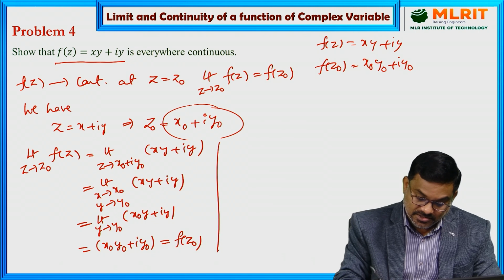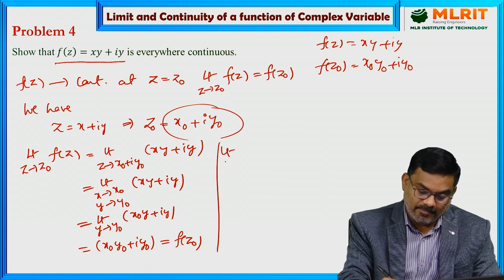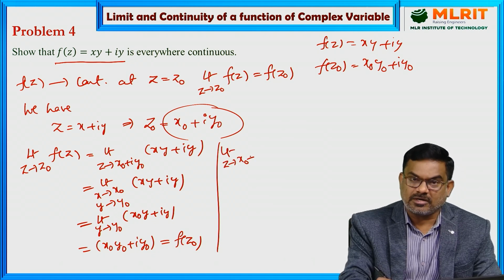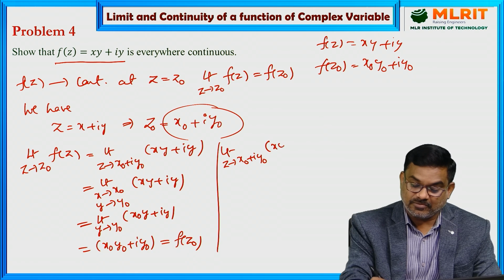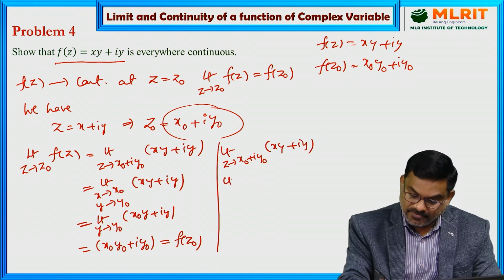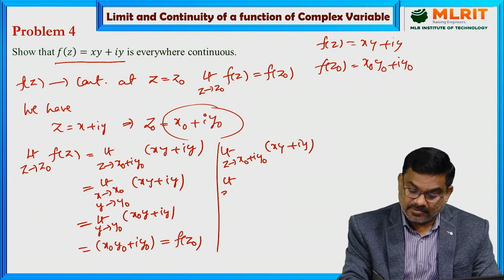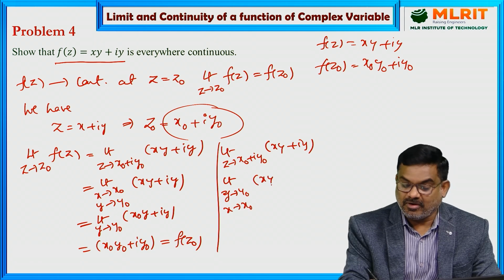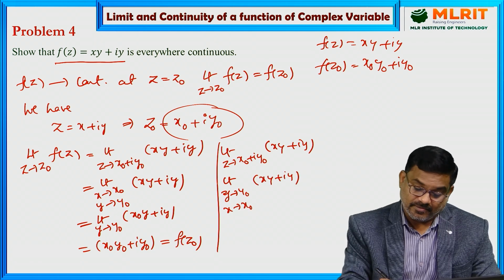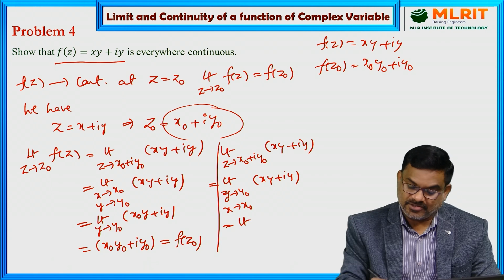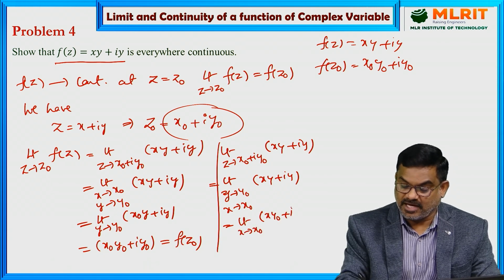Not only this, for example, the limit as z tends to x naught plus iy naught of xy plus iy. First if I apply y tends to y naught, then x tends to x naught on this function. First y tends to y naught, we get x y naught plus iy naught.